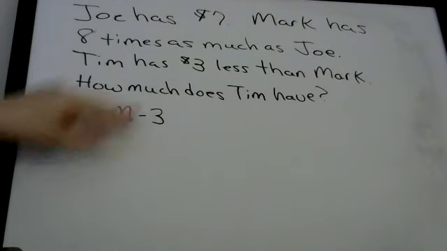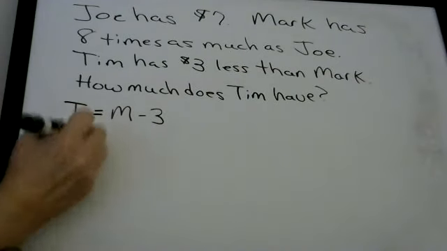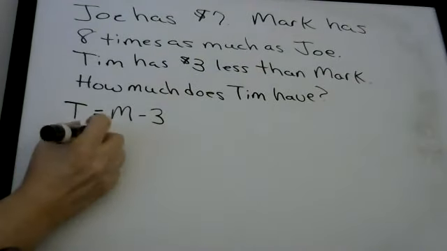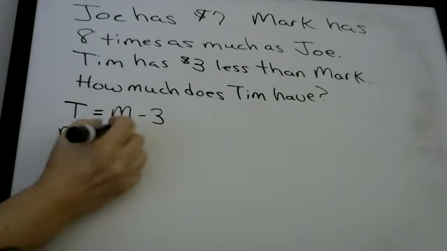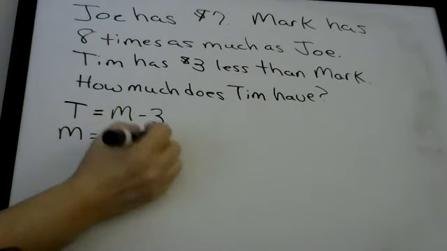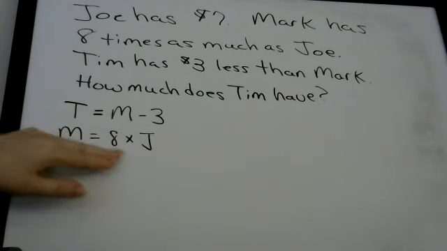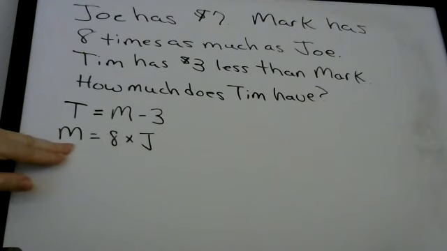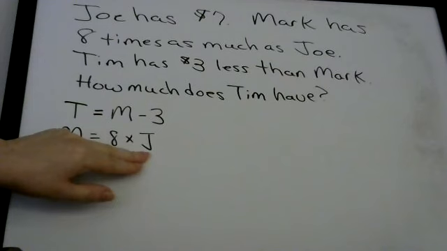So how much does Mark have? Mark has, M for Mark, equals 8 times as much as Joe. 8 times J for Joe. So whatever Joe has, multiply it by 8. That's what Mark has. Okay? So now we need to know, well, what does Joe have?